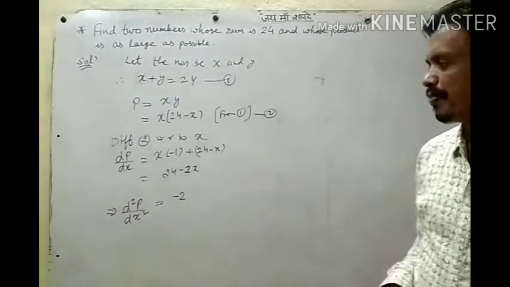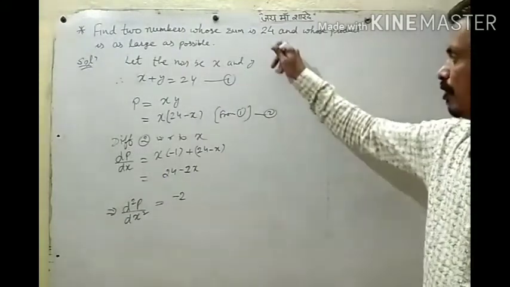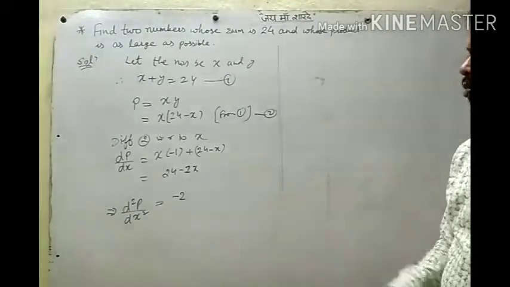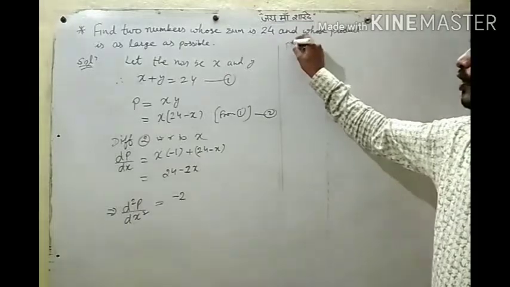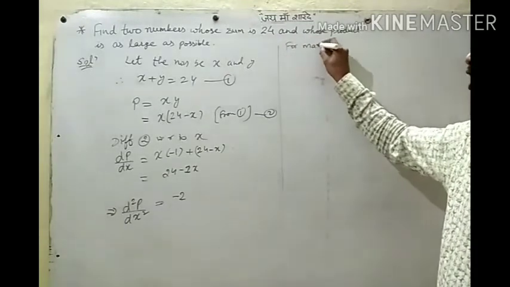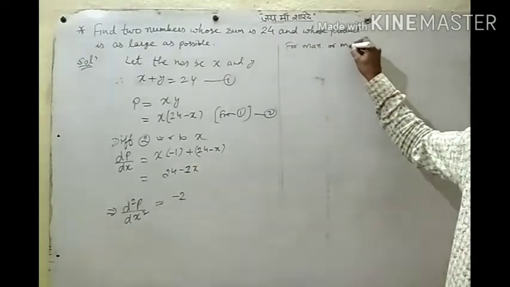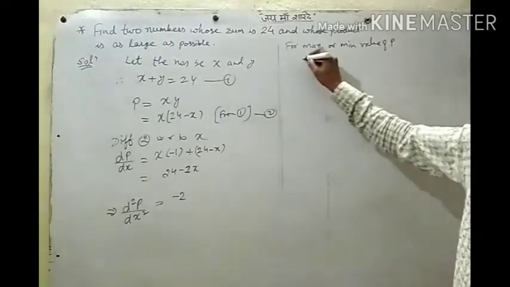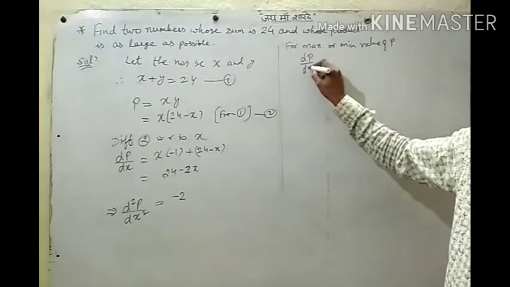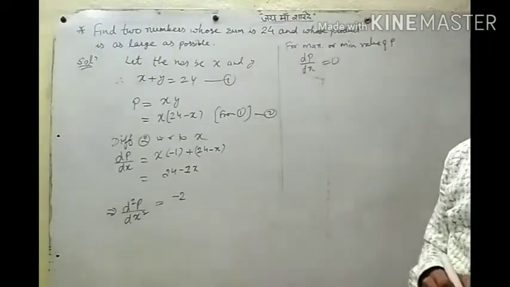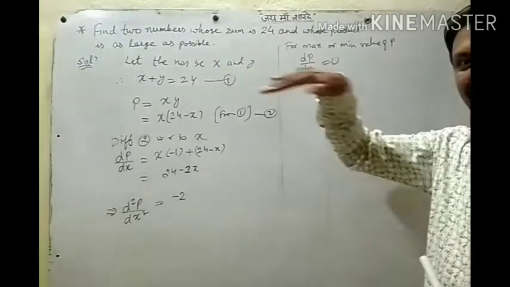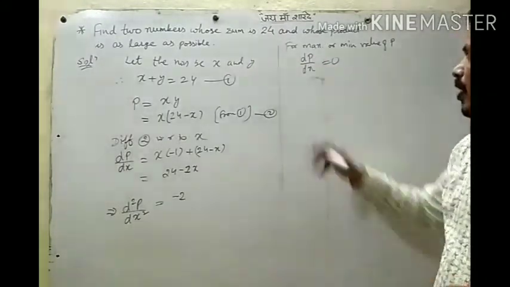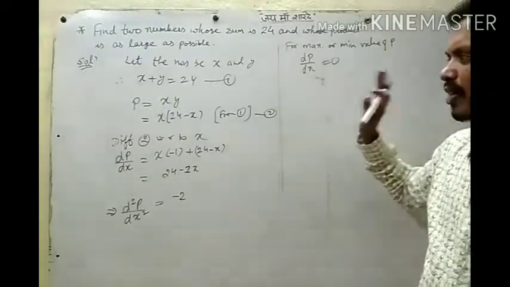Product will be maximum. So first we need critical points. So how to find critical points? So for maximum or minimum value of P, dp by dx should be 0, the derivative should be 0, tangent should be parallel to x-axis. So dp by dx should be 0, then only we get our critical point.